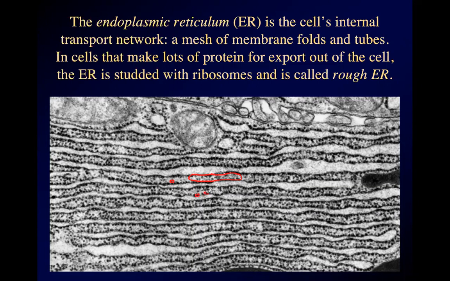You've got cells in your salivary glands right now that are transcribing a gene and translating a protein called alpha amylase. It's a digestive enzyme that breaks down starch.